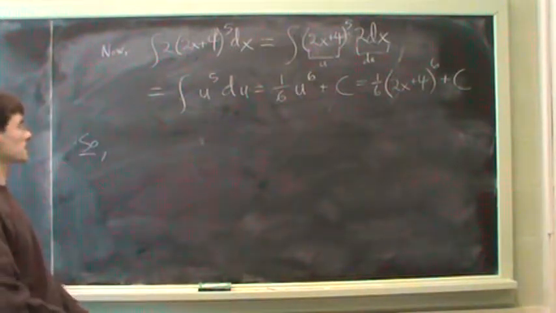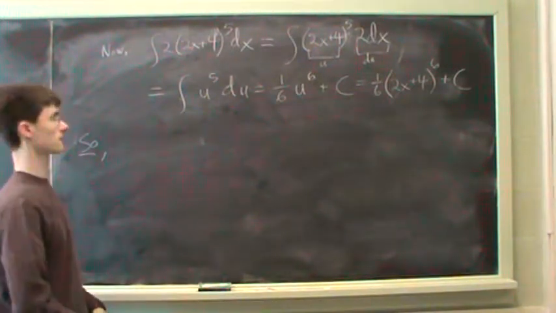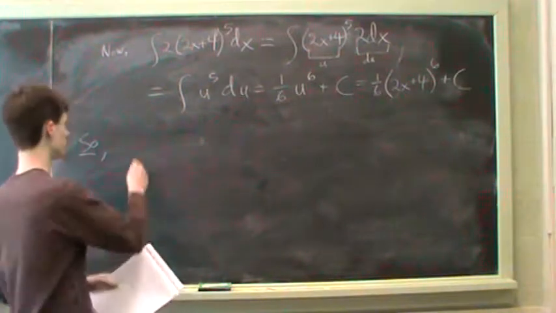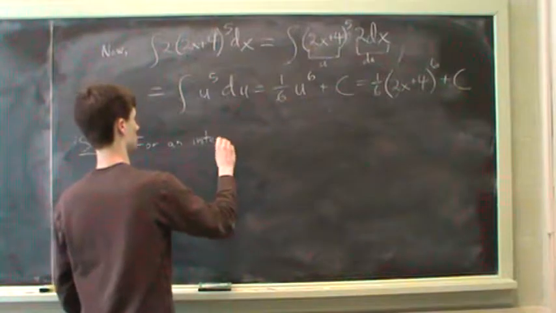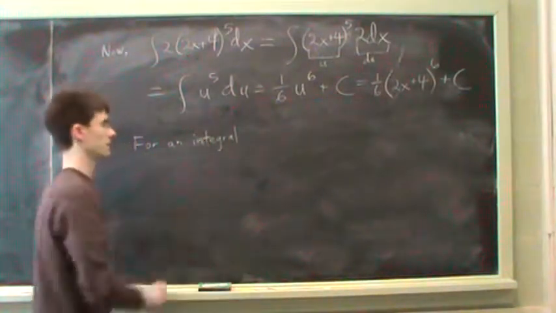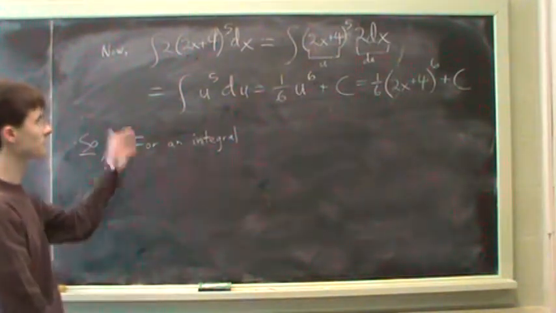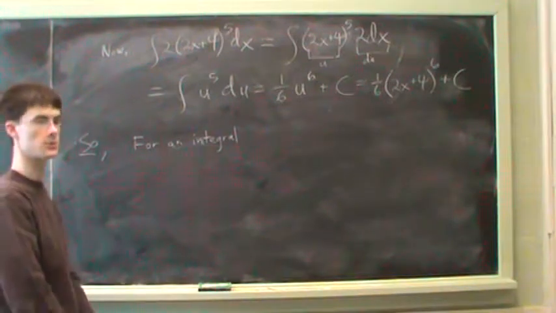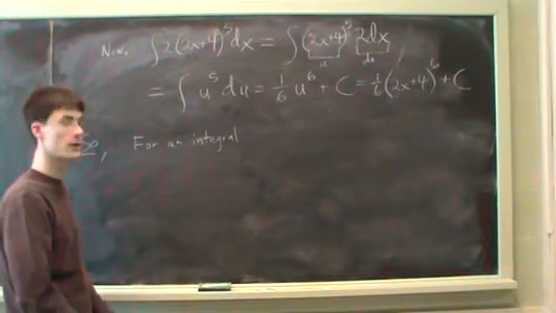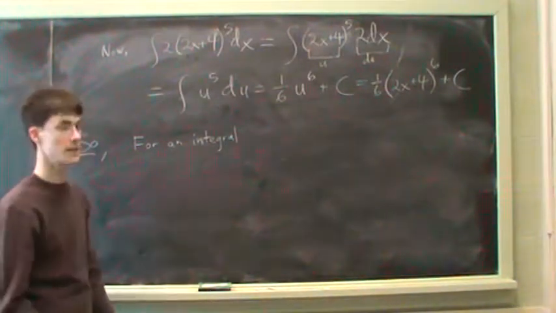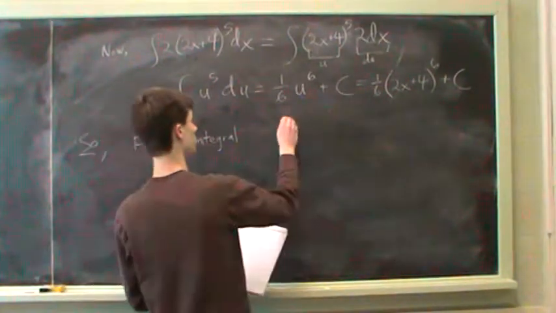So, I want to summarize the steps we did in solving this problem. The integration by substitution method will work for a particular kind of integral, and it's going to work for an integral which has this general form.